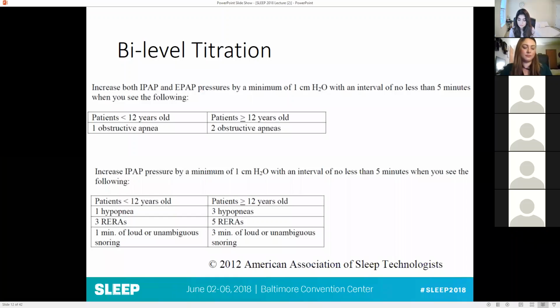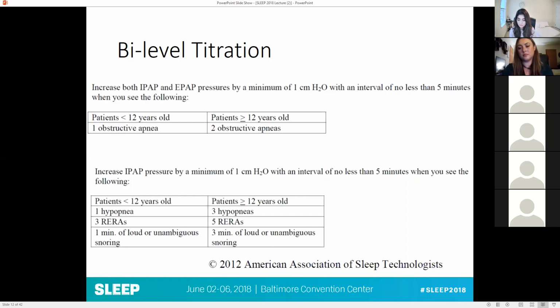So obstructive apneas, just for your knowledge, is when you have almost complete loss of flow. It's at least a 90% drop in flow for at least 10 seconds. Hypopneas are a smaller decrease in flow, defined by at least a 30% decrease in flow. It lasts about 10 seconds and is associated with a desaturation.